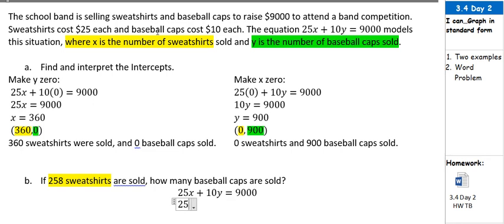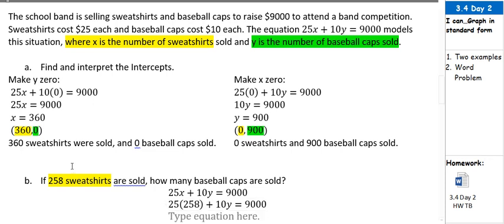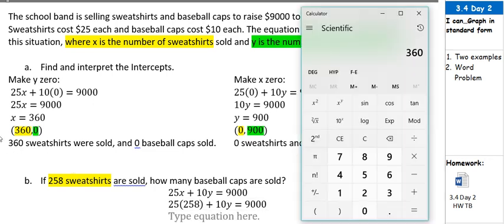So that means $25 times 258, because that's how many sweatshirts, plus 10y equals 9,000. 25 times 258, a trusty calculator, gives me 6,450.